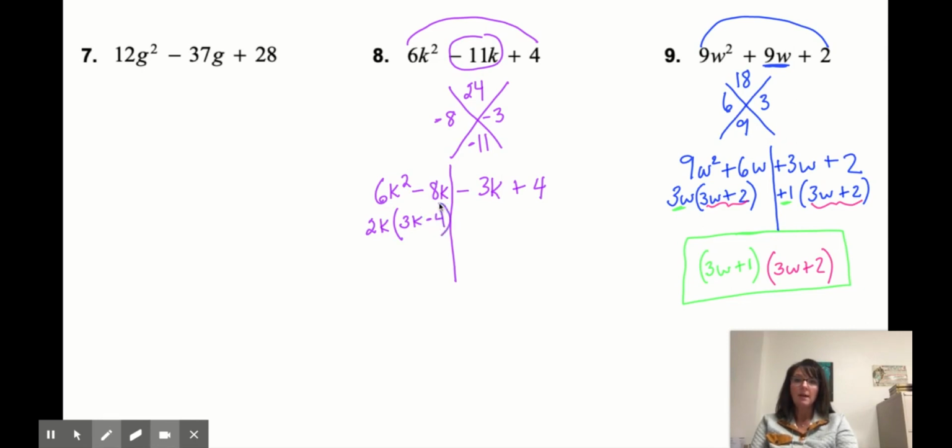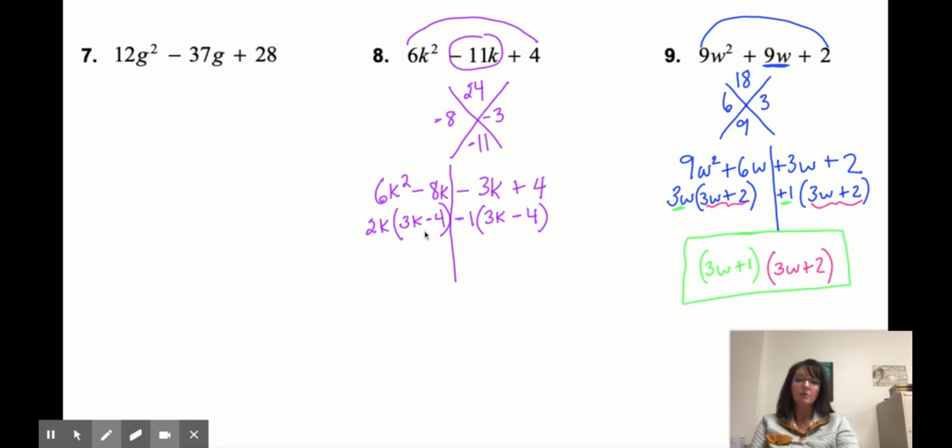So 3k minus 4. Here, do you see negative 3k plus 4? If I factor out a negative 1, I will get a positive 3k and a negative 4. So this is where you have that power to change it, to know you want what's inside the parentheses on the right-hand side to match what's inside the parentheses on the left-hand side.